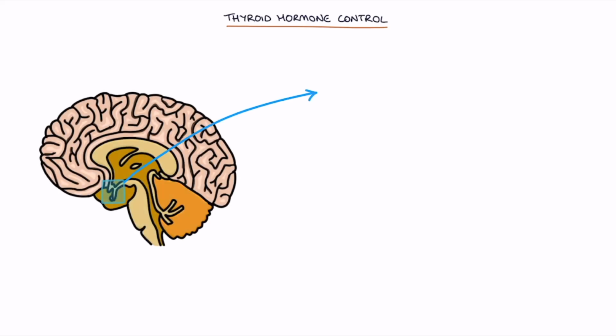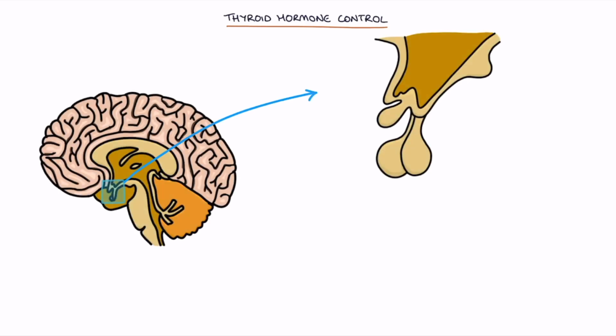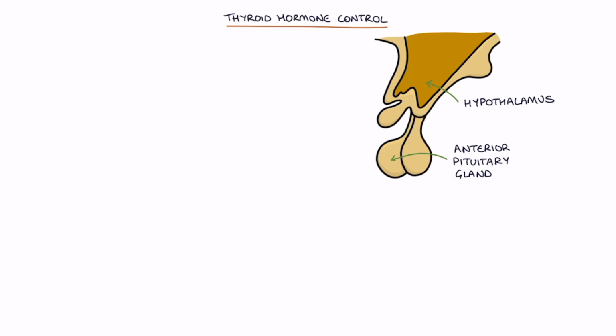Next, let's talk about thyroid hormone control. Thyroid hormone levels are controlled by two structures in the brain called the hypothalamus and the pituitary gland, specifically the anterior part of the pituitary. The hypothalamus releases thyrotropin-releasing hormone, or TRH.